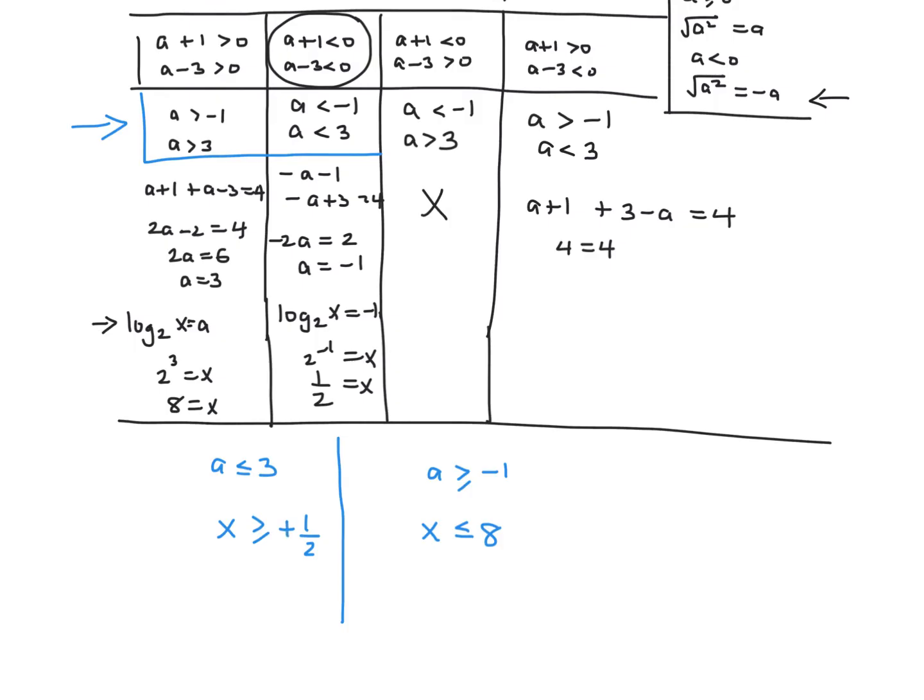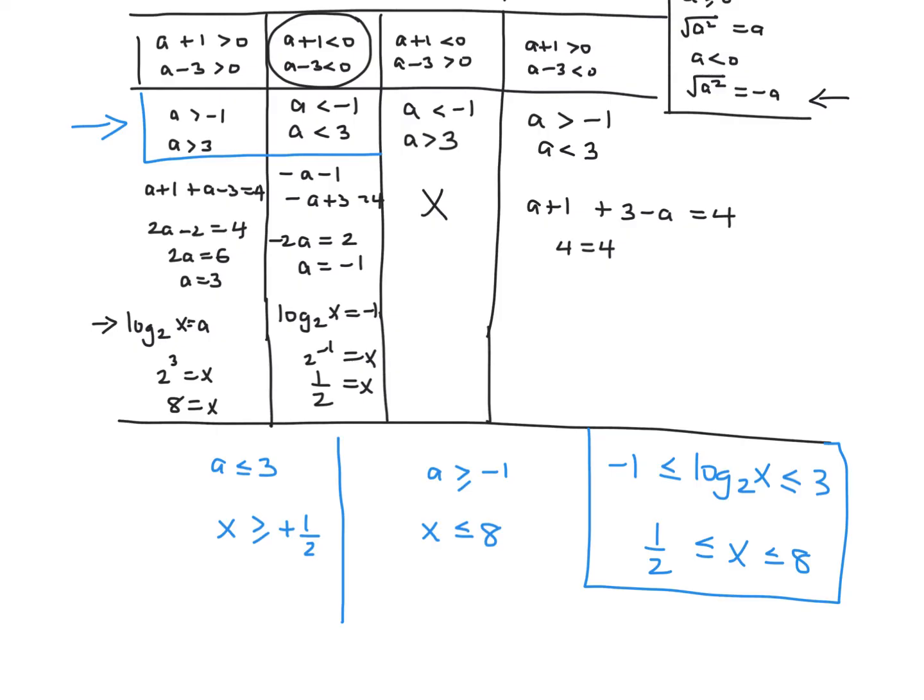Okay, so combining these, x looks like between 1/2 and 8, and that was for when the log of x to the base 2 was between 3 and -1, right? Going back and looking at our calculations, I believe this would be the interval that solves the question.